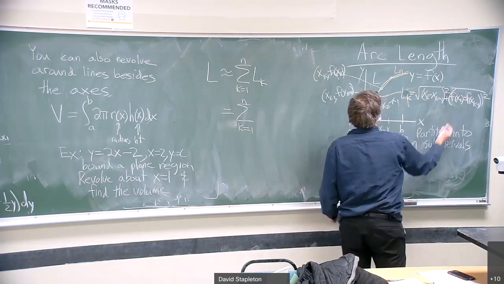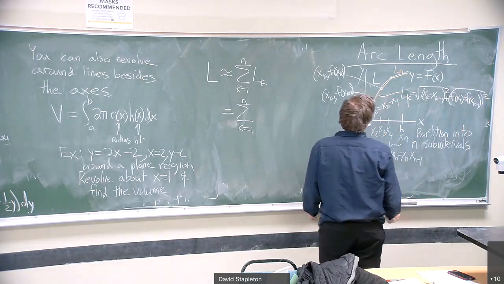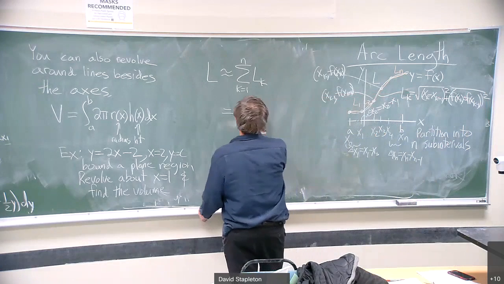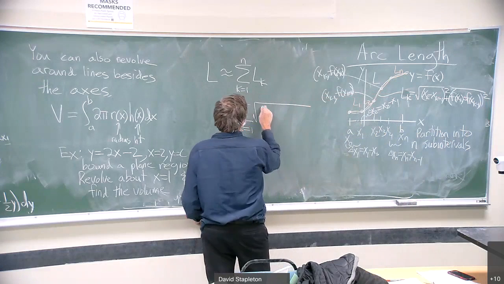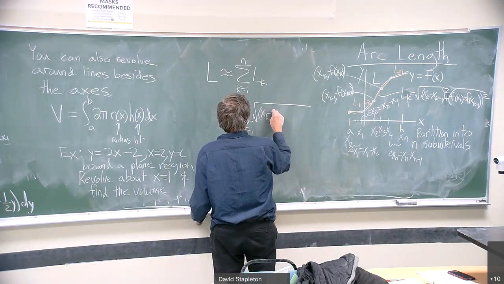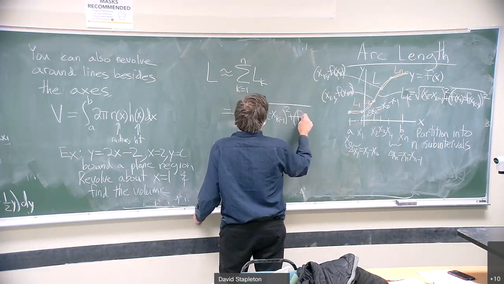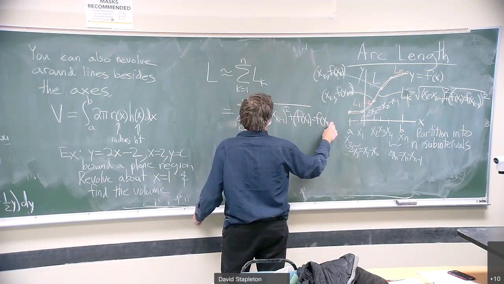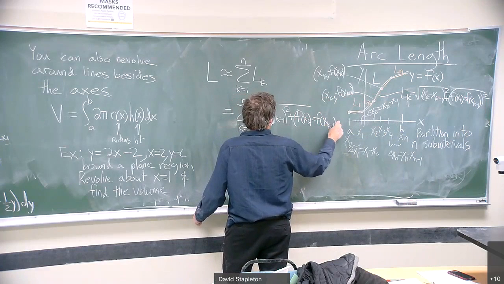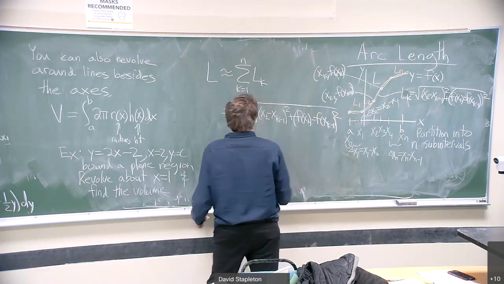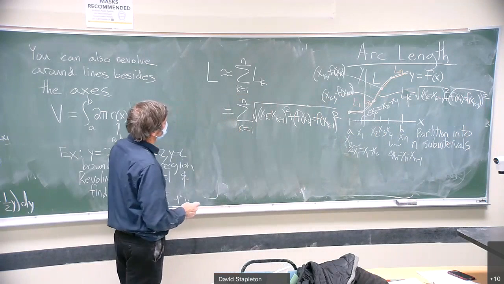X coordinate difference squared plus y coordinate difference squared, square root. That's what I'll put in here. All right, so that's an approximate arc length now.